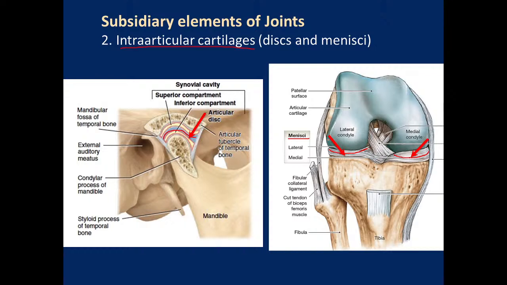They also allow better fit between articulating bony surfaces. They also provide adaptable surfaces for combined movements, and menisci distribute weight over greater contact surfaces as well, and they distribute synovial lubricant across the articular surfaces of the joint.